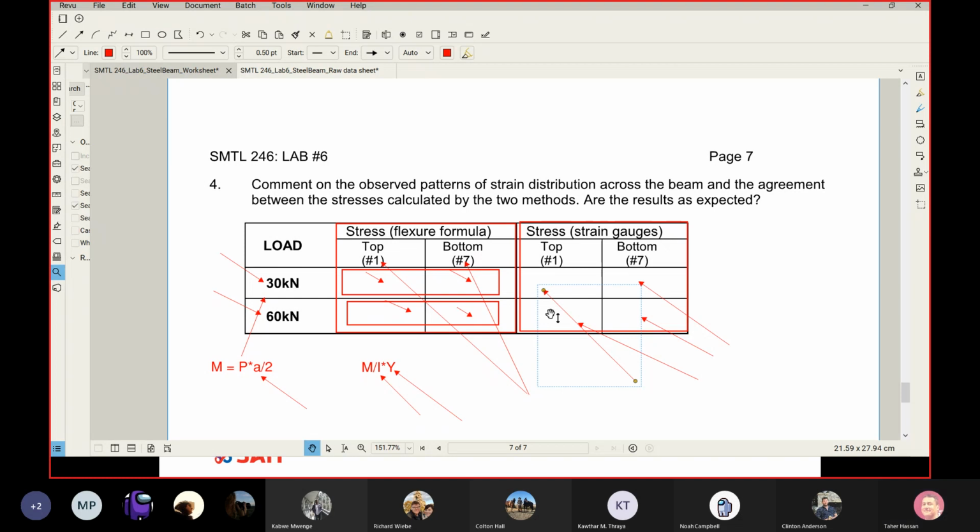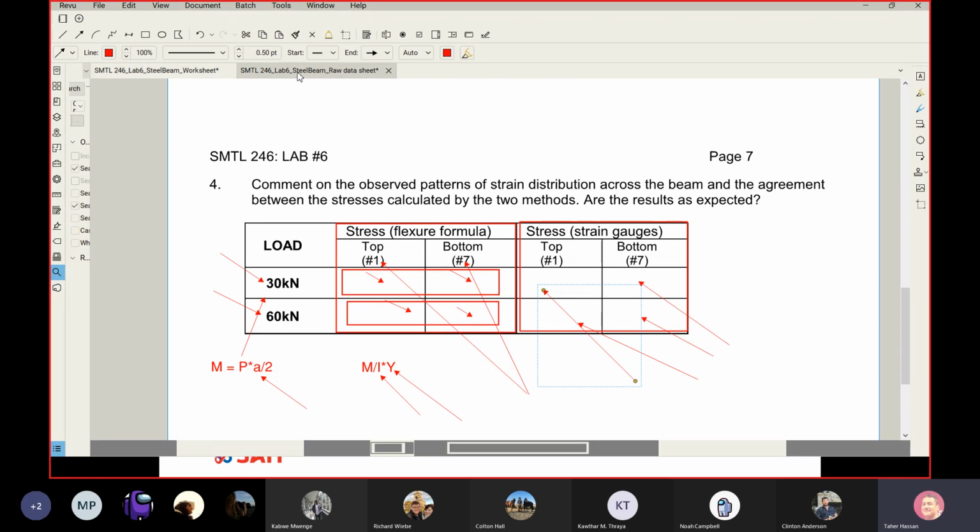I'm asking you to use E equal to 200,000 MPa. If we know that E is equal to 200,000, how can I find the stress from the strain gauge measurement? We've done it already. That's not new.